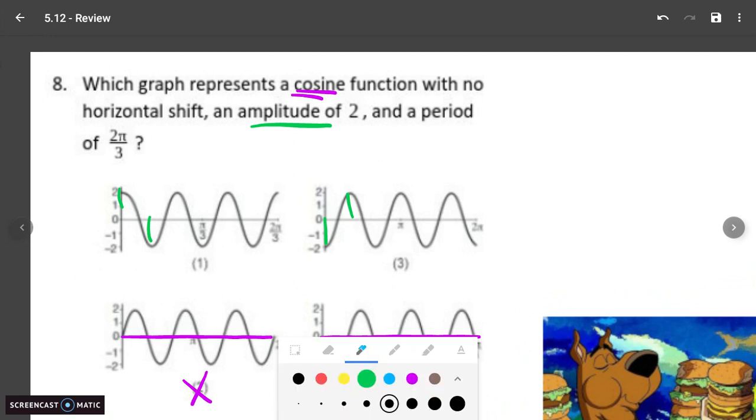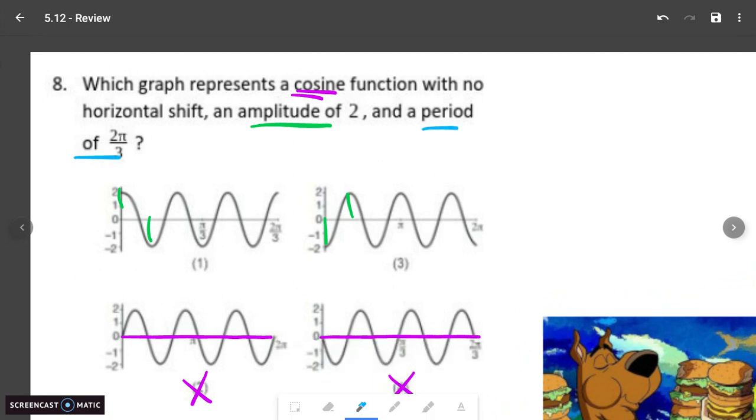Now, remember, the period is for one cycle to complete. So there's no way it could be choice 1 because if we look, we have 1, 2, 3 cycles happening by the time we get to 2 pi over 3. So for us to get one full cycle, look here.